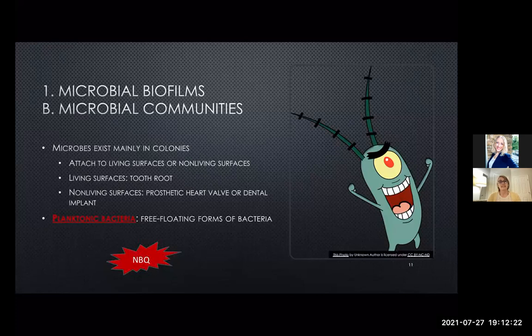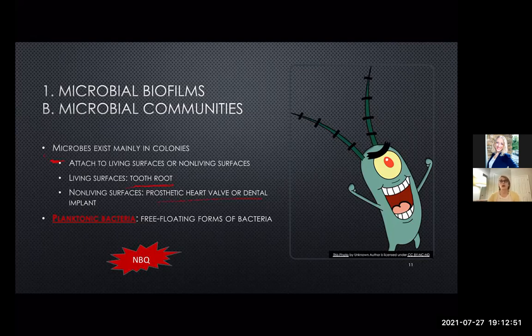Microbes exist mainly in the colonies, but remember, sometimes we have these planktonic bacteria. Remember plankton from SpongeBob. So if they're in the colonies, they're attaching to living surfaces or non-living surfaces. So the living surfaces are the tooth root, and the non-living are like prosthetic heart valves or implants.